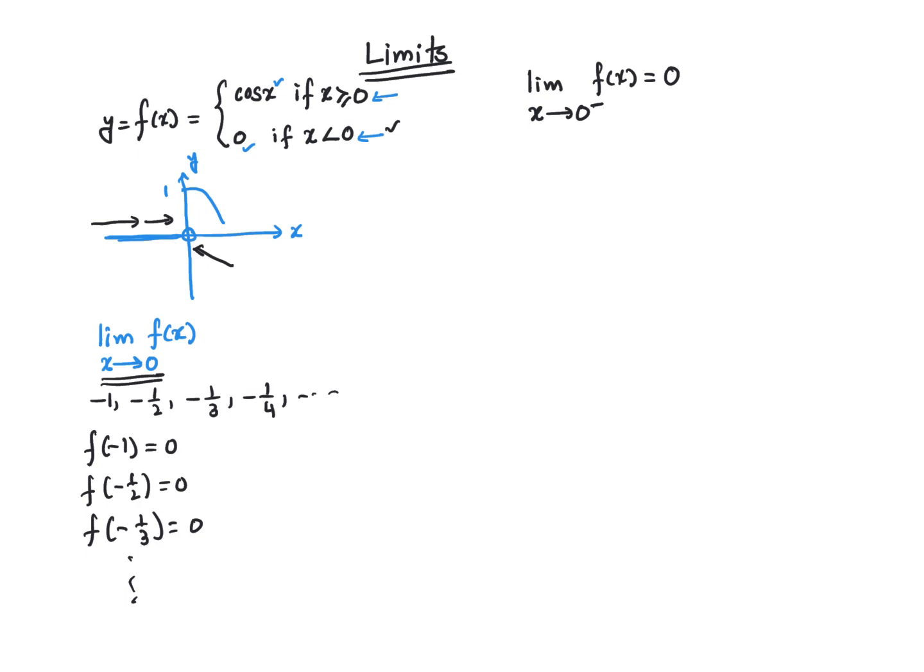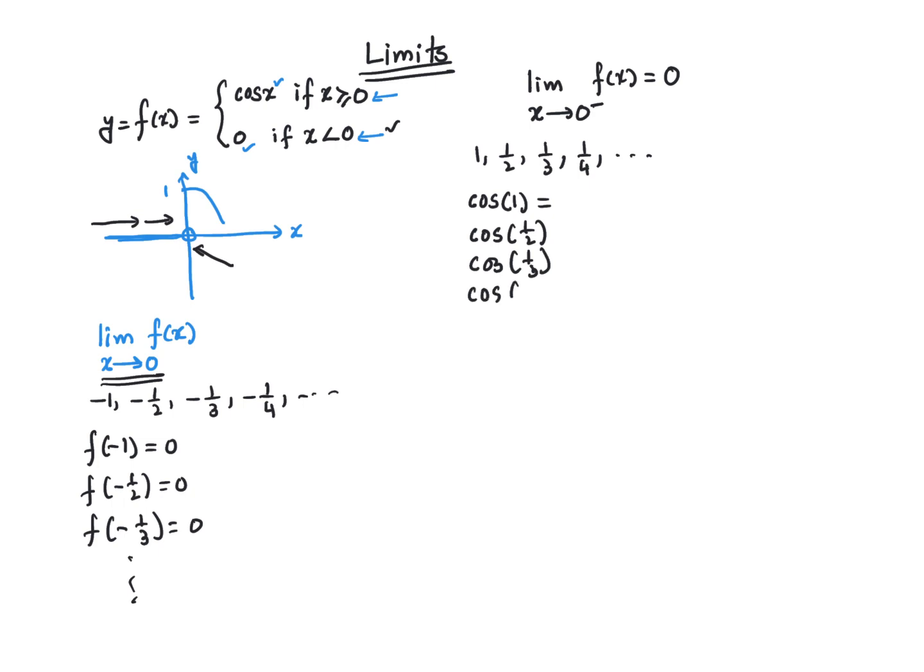So let's create another sequence. Again, it's going to be 1, 1/2, 1/3, 1/4, and it keeps going. And you can see it's going to be cosine of 1. I really don't care too much about the exact value; you can find it out. Then cosine of 1/2, then cosine of 1/3, right?